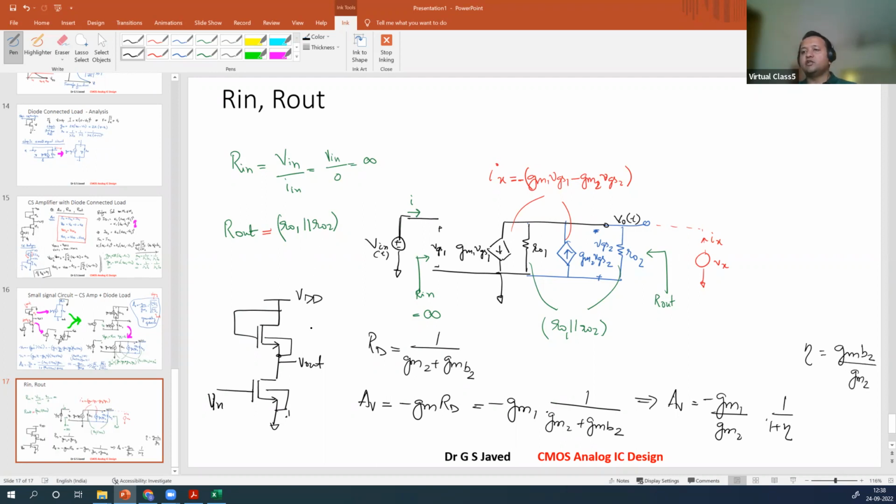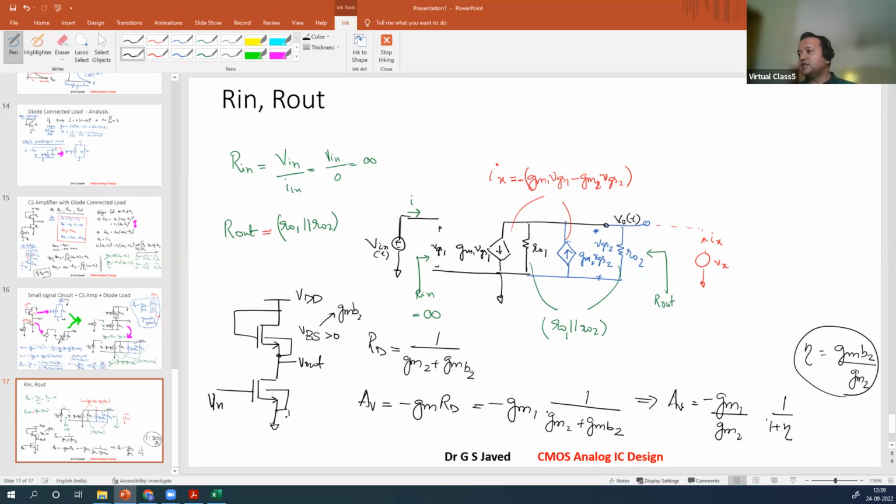So when you have a non-zero V bulk connection, where V bulk is not connected to the lower device, so if there is a VBS and this VBS is greater than 0, you will have to consider the GMB2 in your resistance. So your effective resistance will be 1 over GM2 plus GMB2, and that ratio is brought out here. So this is the impact of bulk in your gain factor.